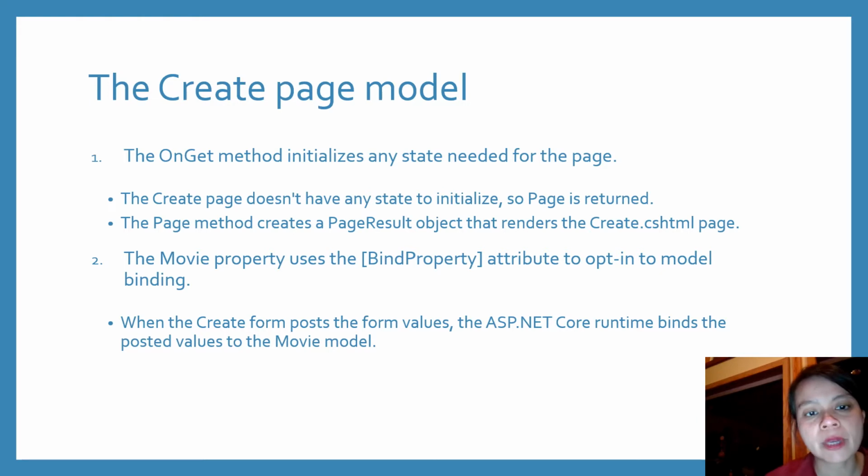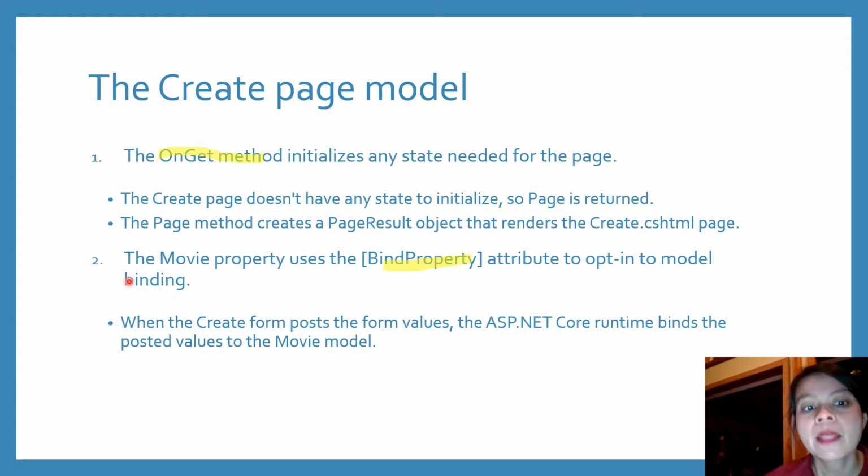Two things I wanted to talk about are the OnGet method and the BindProperty. Let's talk about the OnGet method first. The OnGet method initializes any state needed for the page. The Create page doesn't have any state to initialize, so the page is returned. The Page method creates a PageResult object that renders the Create.cshtml Razor page.